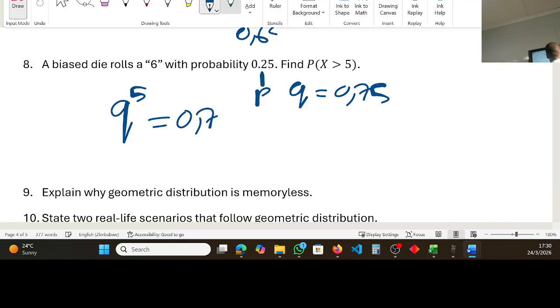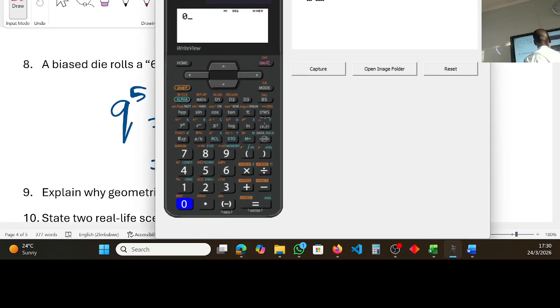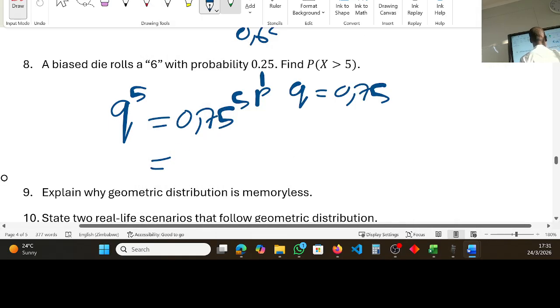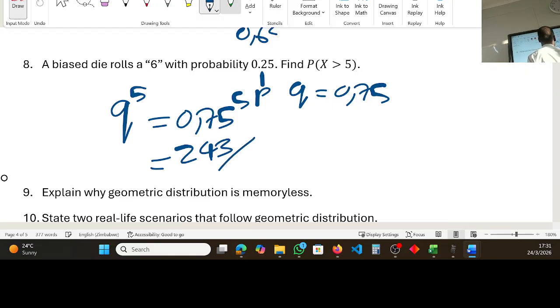So this is 0.75 to the power 5, which gives us 243 over 1024. Then these are open questions, which I have as a bonus for you to think about.